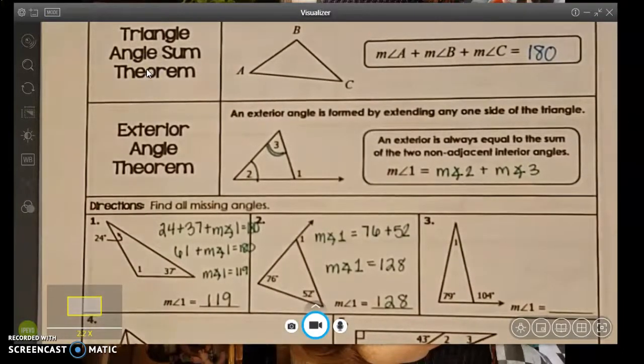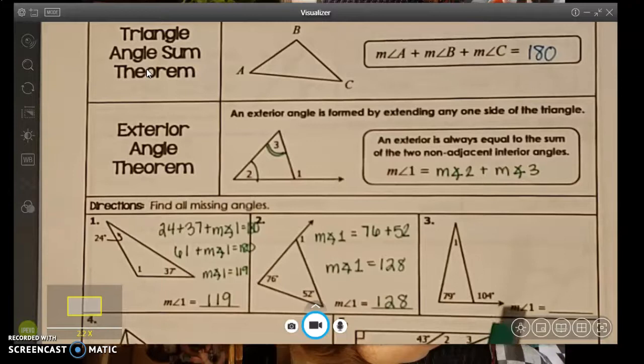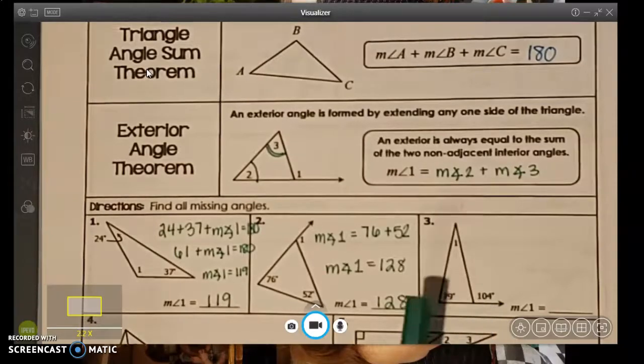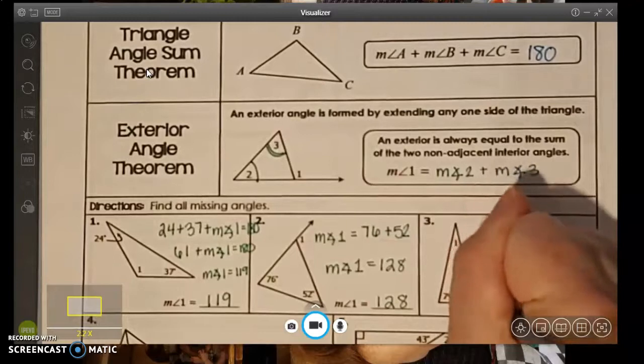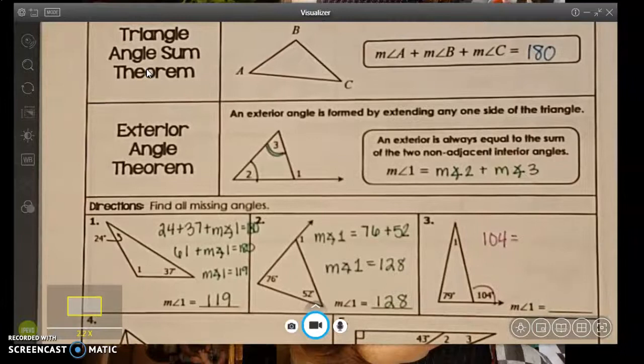Okay, so number 3, notice this time the measure of angle 1 is an interior angle, and we're given one other interior angle and the exterior angle. So remember that this angle, the exterior angle right here, 104, that's going to be equal to the sum of these two angles, 79 and angle 1. So I'll use some colors here: 104, that's the exterior angle, and that's going to be equal to the sum of the two inside angles.